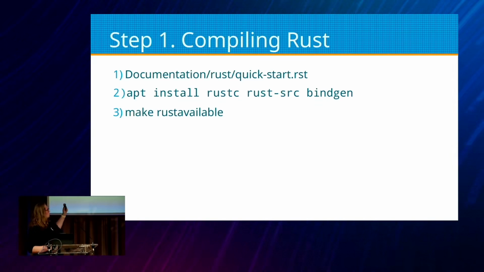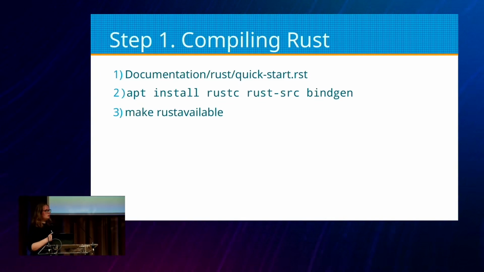And another thing that's super useful is make Rust available, which is a little tool that checks your environment and checks if you're missing anything to be able to compile Rust. And it's pretty useful for diagnosing issues with your setup. So, in general, check out the quick start guide. It has instructions for your distro, most likely, and a bunch of other useful information for compiling it.